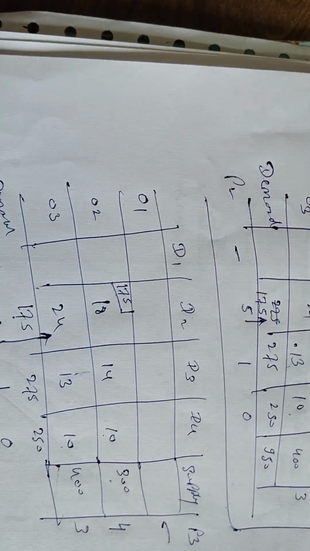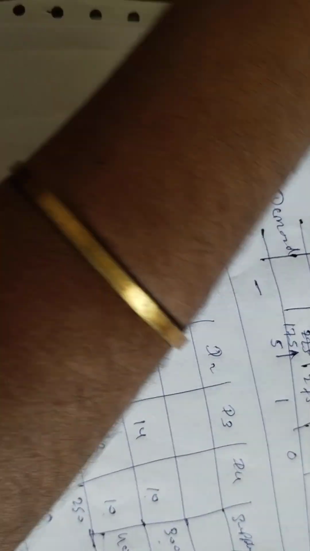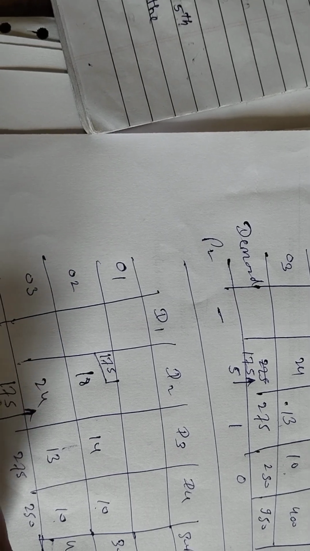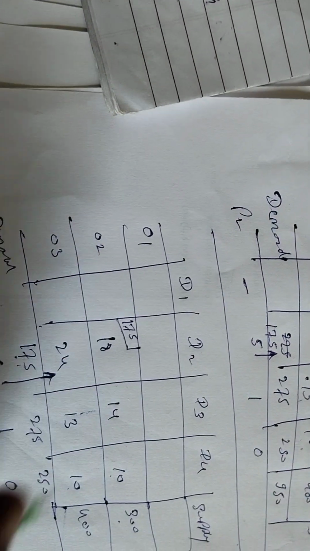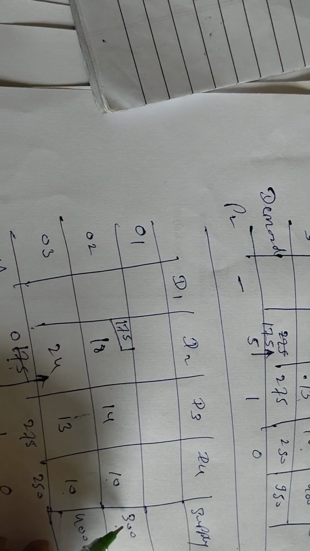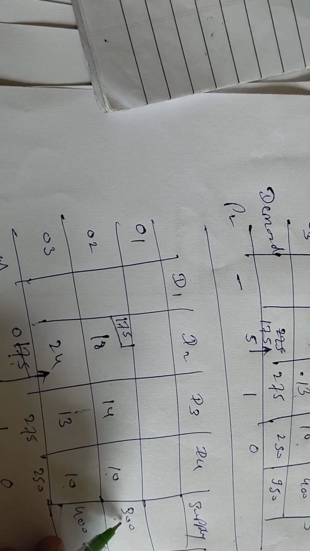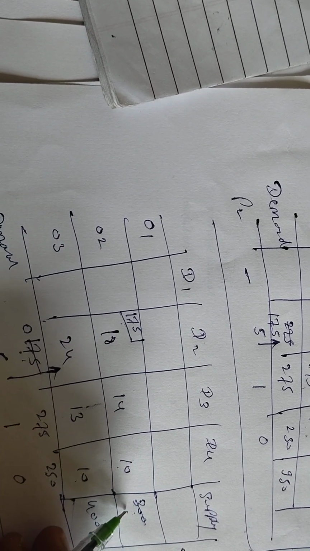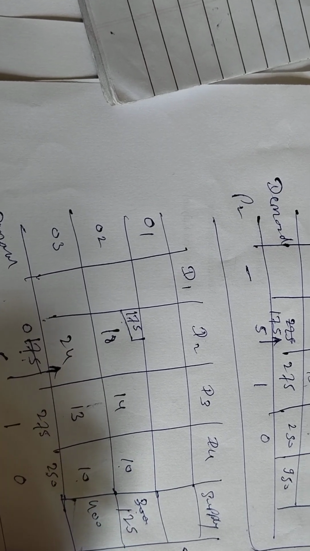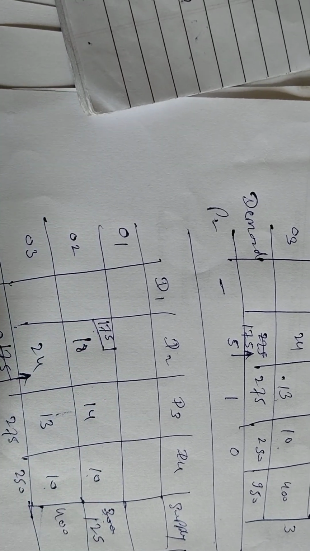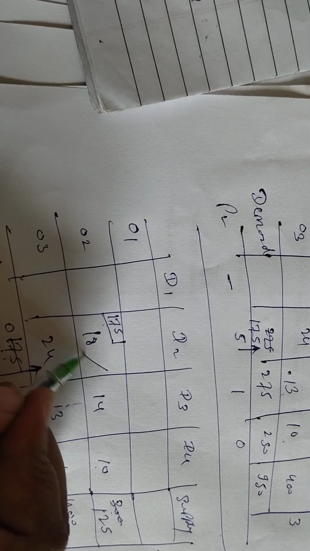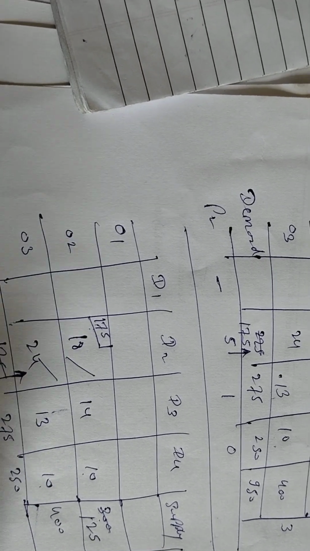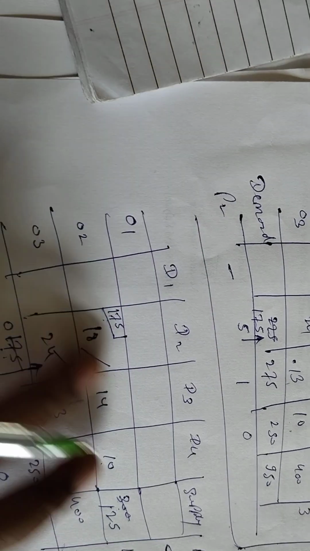The difference is 300 minus 175: here it will be 0, and here the supply is 300, among which you have supplied 175, so 125 remains. Delete this column.